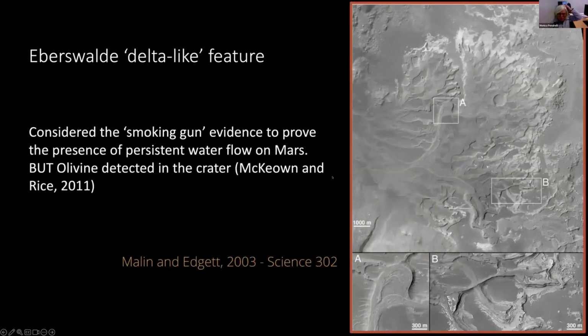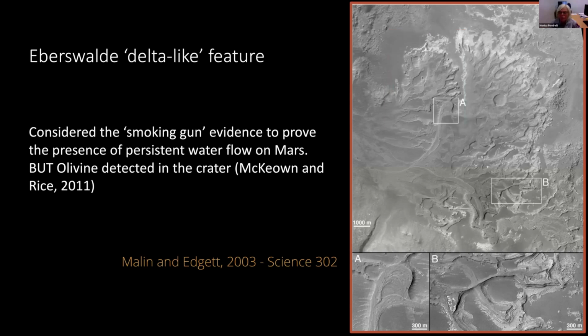To try to explain why it is important to define an unconformity and what the consequences are for science, I take an example from the Eberswalde delta-like feature. This is a very famous place on Mars because it is considered to be the smoking gun to prove the presence of persistent water flow on Mars.